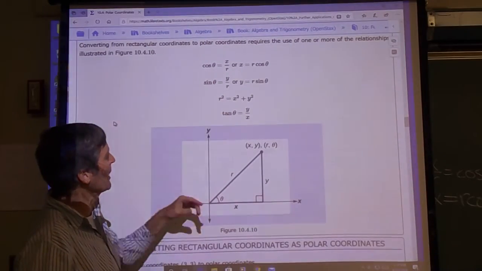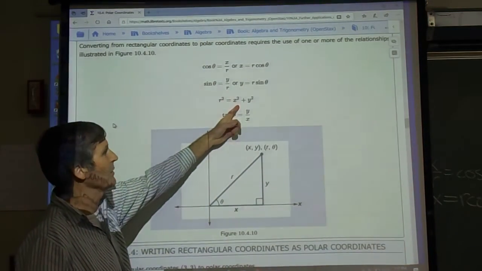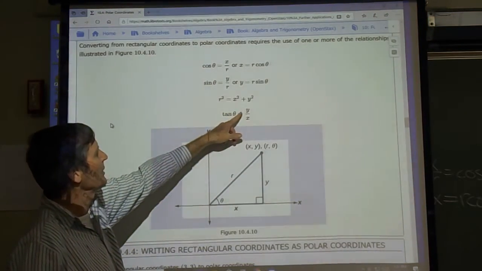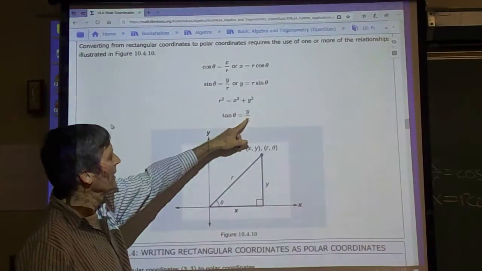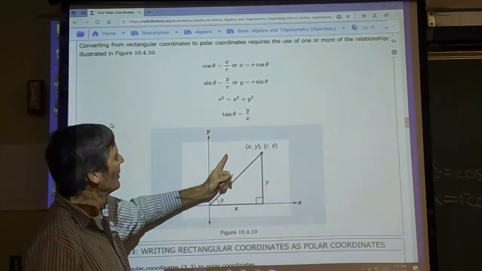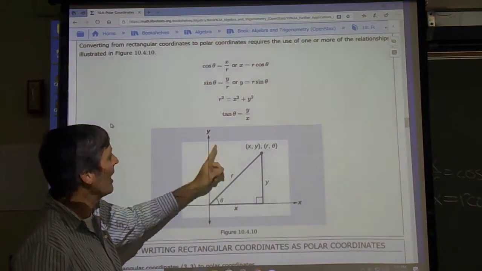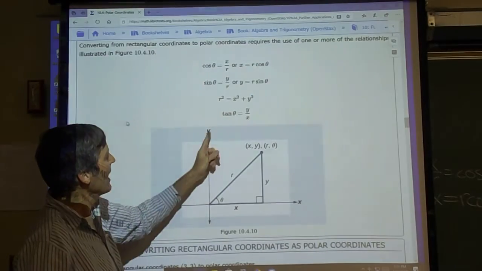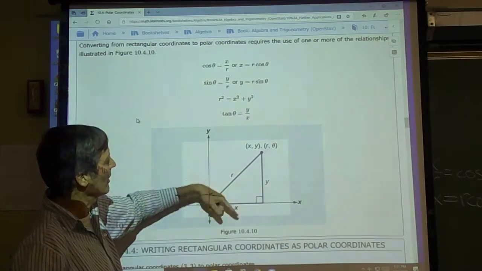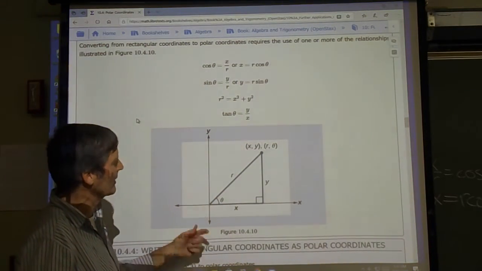And then there's a little more ambiguity, because I can choose r positive or negative, or 0 if x squared plus y squared is 0. And theta can be the arctangent if you're in quadrants 1 or 4 and r is positive. Or it can be the arctangent plus pi, right? Because the angle whose tangent is y over x is actually not the arctangent when you're in quadrants 2 or 3, it's the arctangent plus pi.